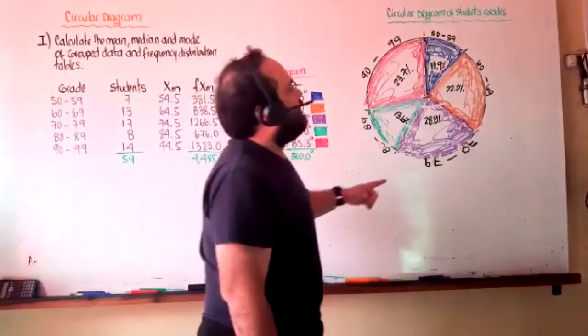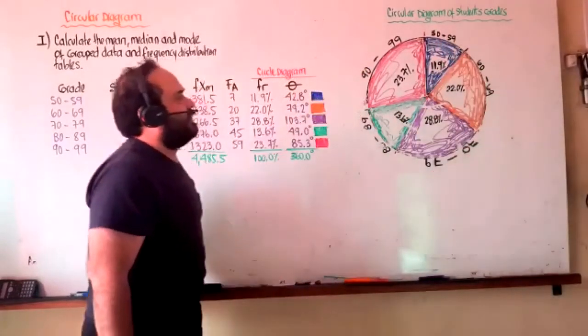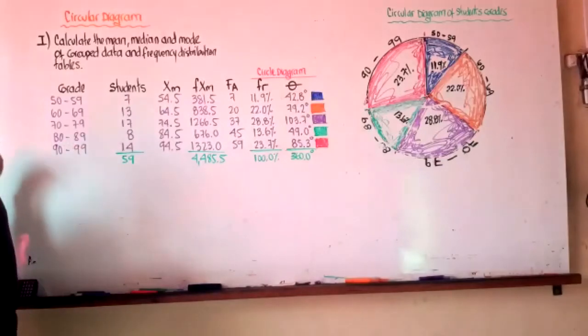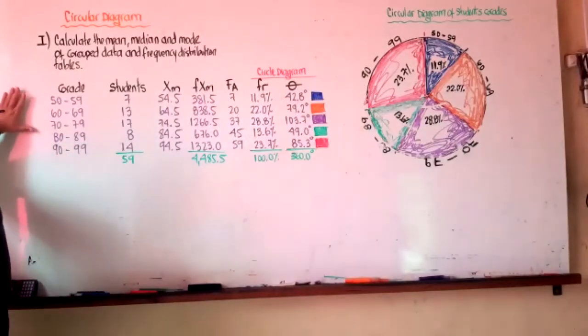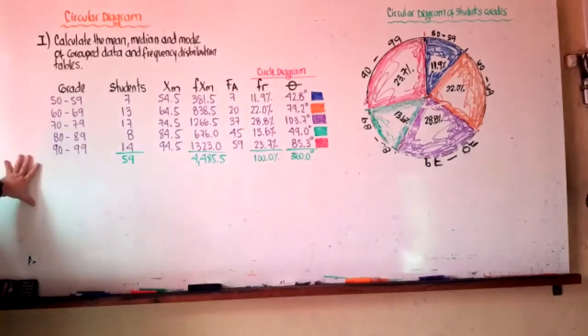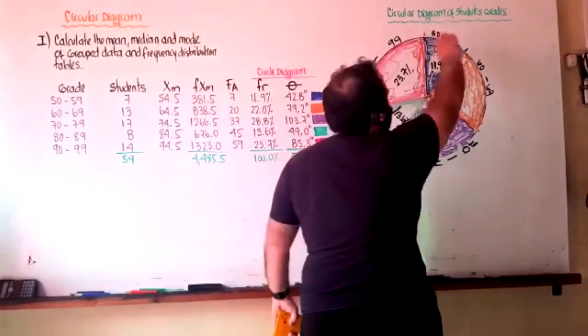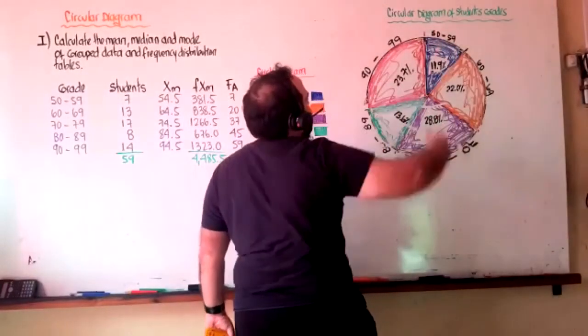Si fueran nombres, aquí colocamos los nombres, así como el día de ayer, que eran gastos. Pero como los intervalos de clases son números, colocamos en la parte externa los números, dando la sensación que sigue un círculo.